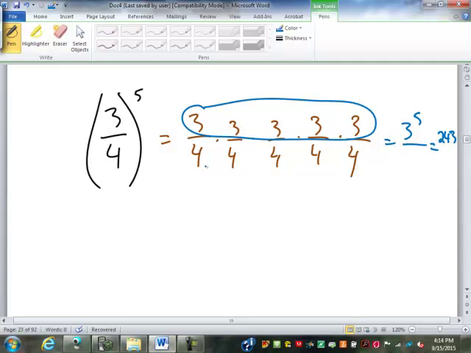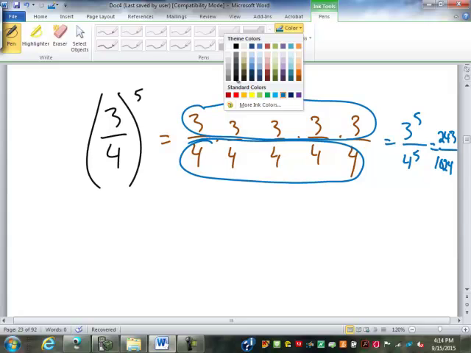On bottom, we're going to multiply the denominators, the names. 4 times 4 times 4 times 4 times 4 is just 4 to the 5th, otherwise known as 1,024.